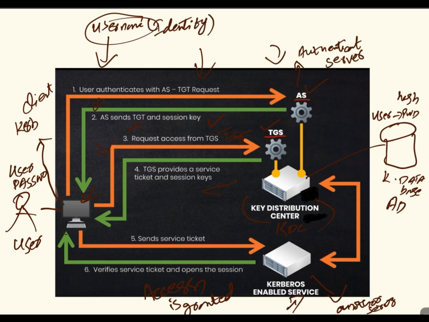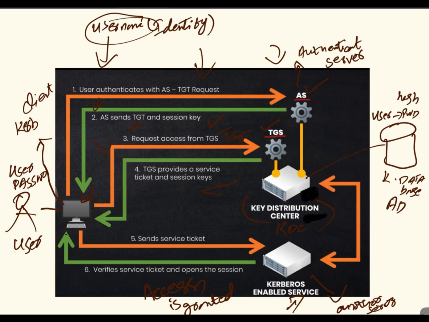The password is stored in the Active Directory database, or the Kerberos database we can also say, and if the username has the right password, then the client can decrypt it, right? Everything happens in the background, so the user does not need to do anything.